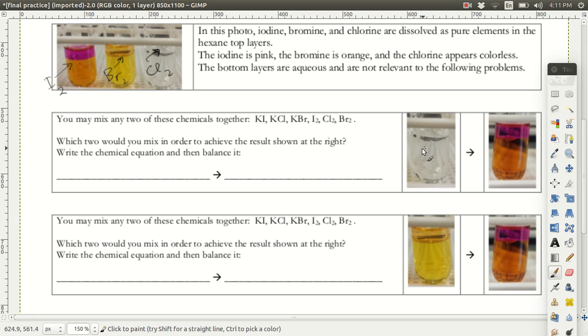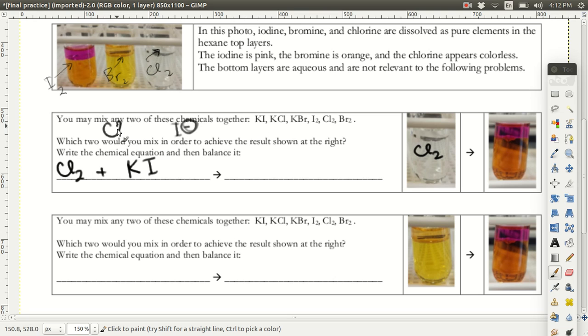Okay, so here there was chlorine, so that's one of them. And then I had to add something to make it iodine. Where could I get the iodine? Well, you can get the iodine from iodide, just like that. See this? This is I minus, you know? So there's an extra electron here.